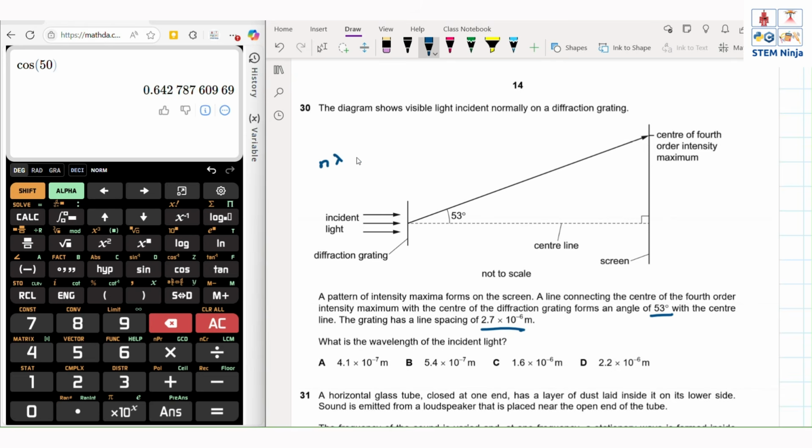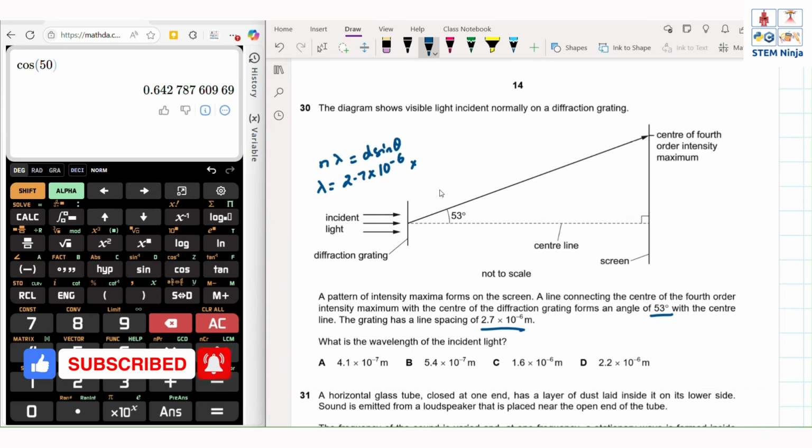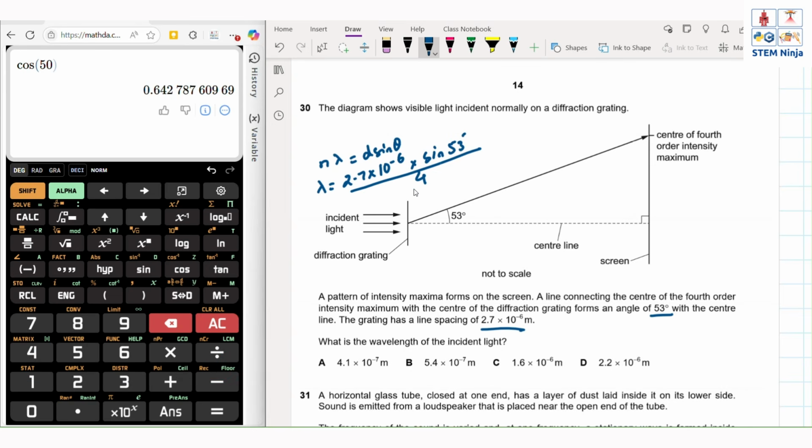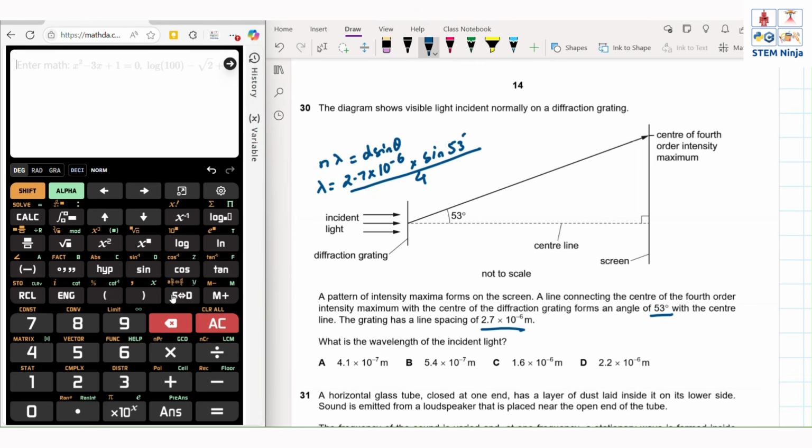So that is just simply n lambda = d sine theta. So lambda is equal to d, which is 2.7 times 10 raised to power minus 6, times sine theta, which is sine of 53 degrees, divided by the fourth order. So that's all we need.